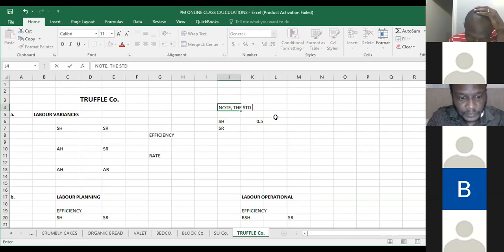The standard rate per unit, or per batch, because in this question they said batch. So whether it's per unit or per batch, your standard rate per unit is equal to standard hour times standard rate.